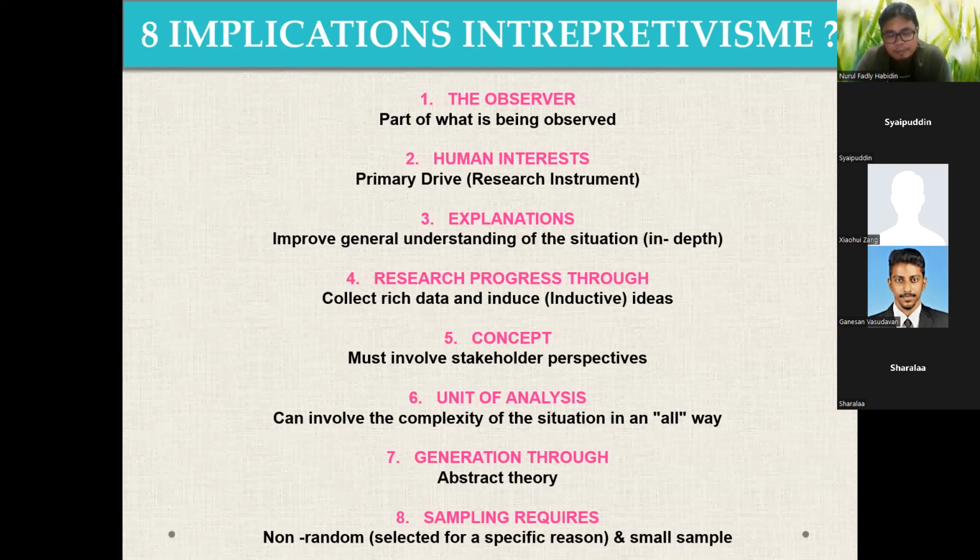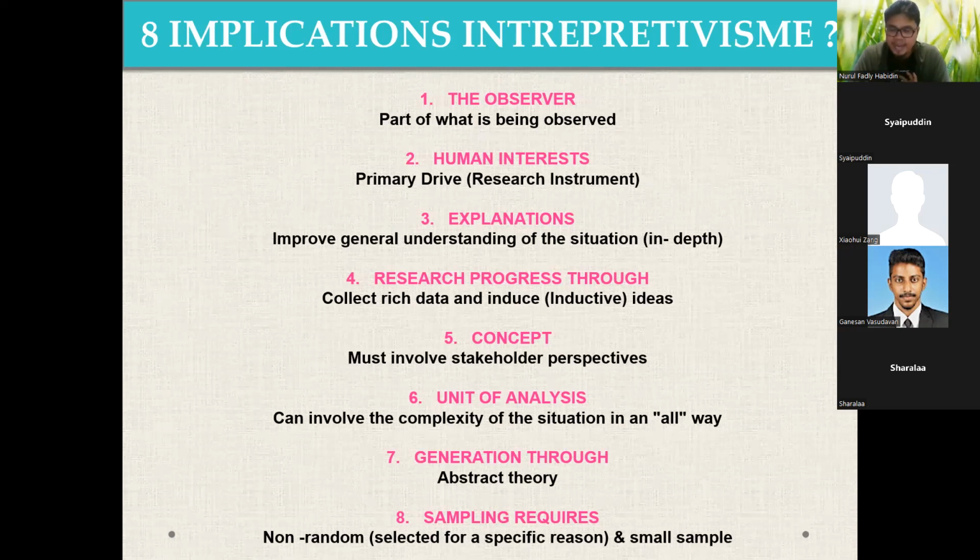So when we talk about interpretivism, the philosophy of interpretivism is on behalf of your qualitative research. Number 1, the observer is part of what is being observed. Okay, human interest. So that's why it is different from quantitative. In qualitative, yes, we are the researcher and the research instrument.